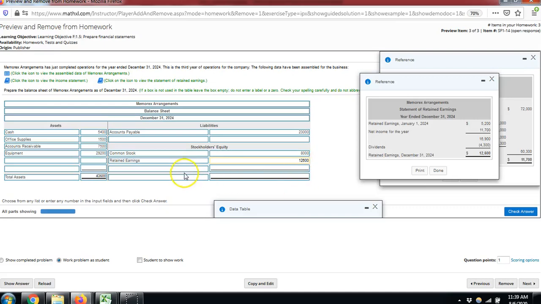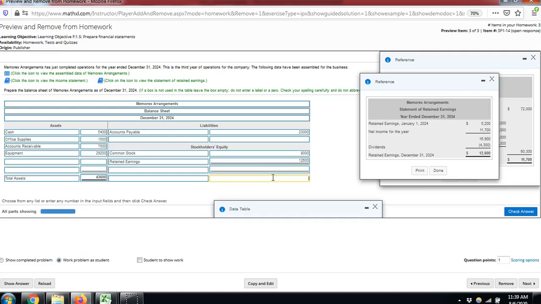So now let's make sure that our totals add up. So let's see here. 23,000 plus 8,000 plus 12,600 is indeed 43,600.